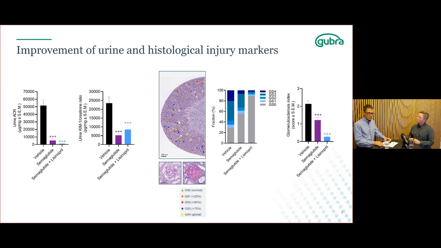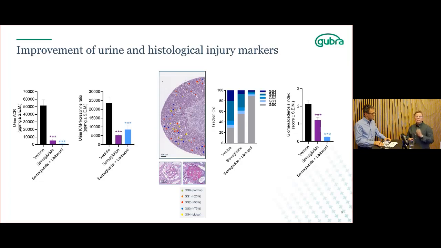And that leads me to one of my final questions, Mette, because I know time is running. Can we infer from these data that there might be some anti-inflammatory activity of these compounds in the kidney?